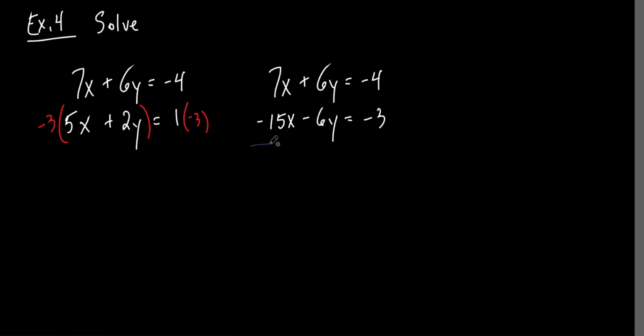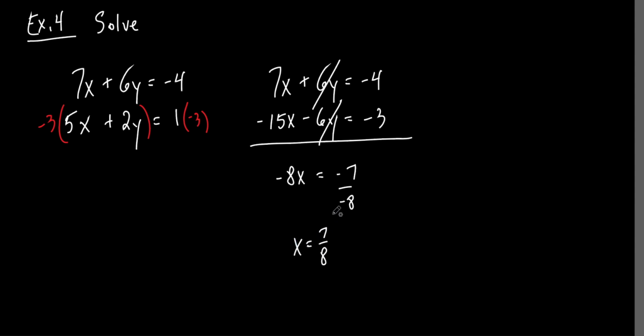So let's do that. I'm going to add up all my columns. If I add those 2 up, they're going to eliminate. What do I get? 7x minus 15x is -8x, and this is going to be -7. Divide by -8. So x is 7/8. Again, it doesn't come out super pretty, but that's okay. We can deal with it.